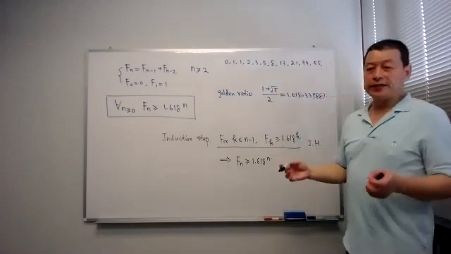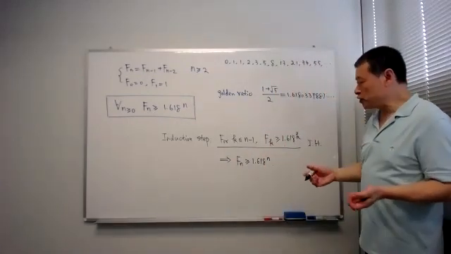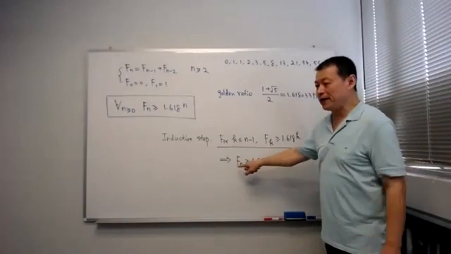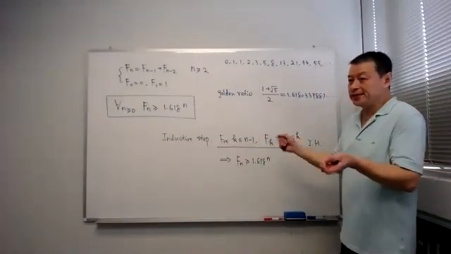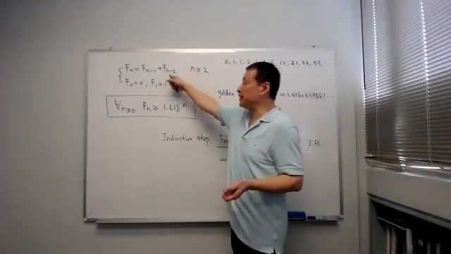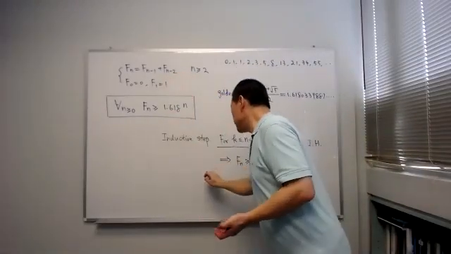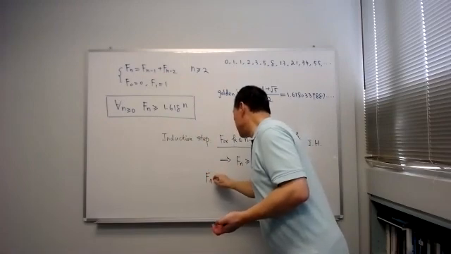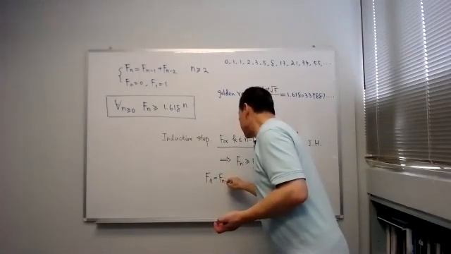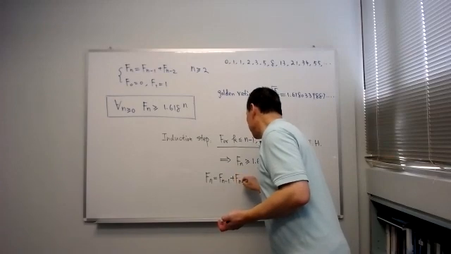As I mentioned, the key step is the consideration of F_n, how F_n is based on previous values. In this case, it is trivial because we know it already, so we can use it directly. What we know is F_n equals F_{n-1} plus F_{n-2}.